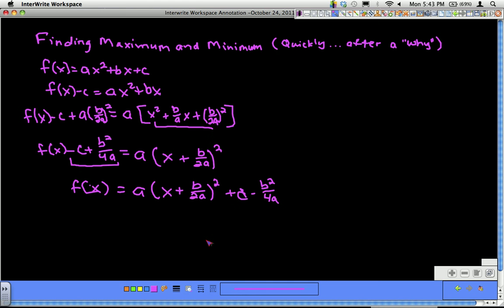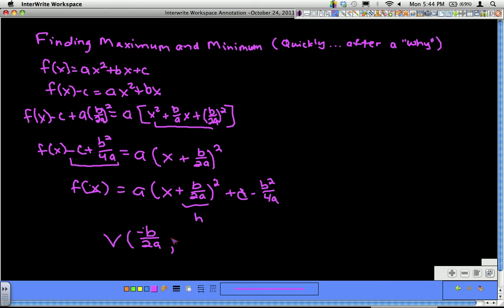Now the main part of this is, this part right here is our h. So when we take that value for our h, our vertex actually gives us this. Our h value, or the x value in our vertex, is now negative b over 2a.